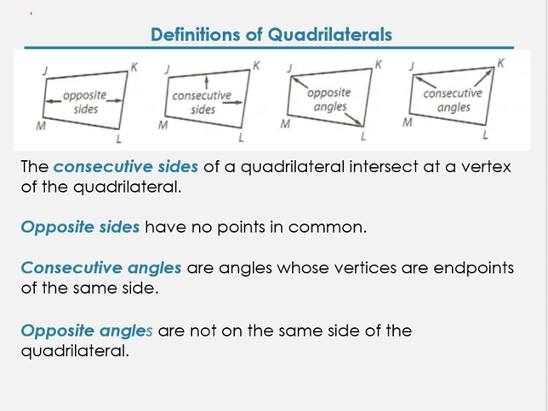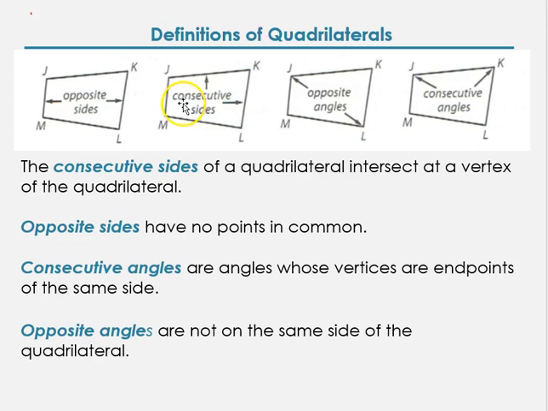So let's talk about what a quadrilateral is. A quadrilateral has consecutive sides that intersect at the vertex of the quadrilateral. As an example, side JK and side KL are next to each other.